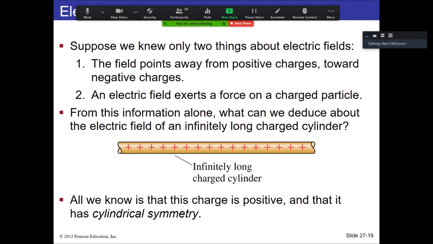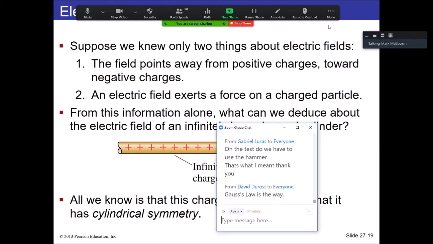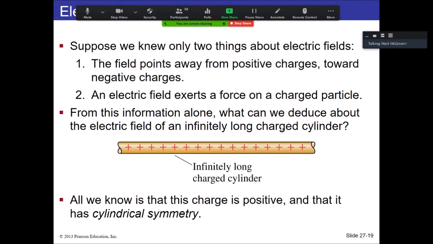When it comes to symmetry in problems, we are trying to look at how our charges are distributed. Any symmetry that exists in our charge distribution has to match the symmetry of the electric field. I'll say that one more time.